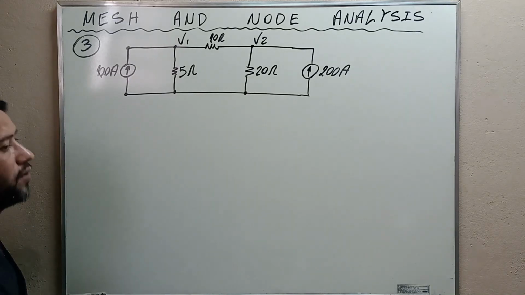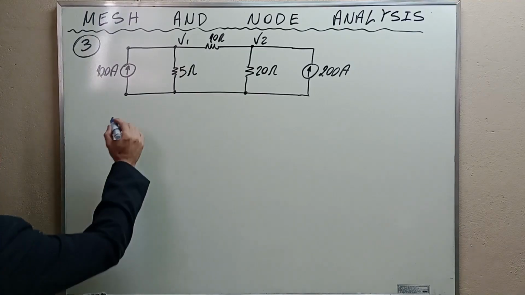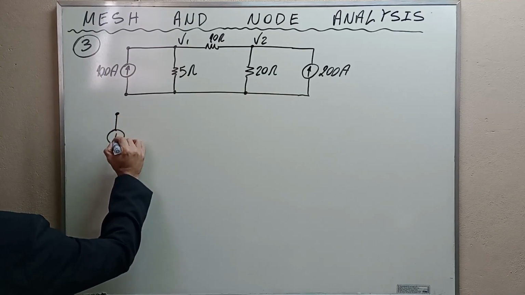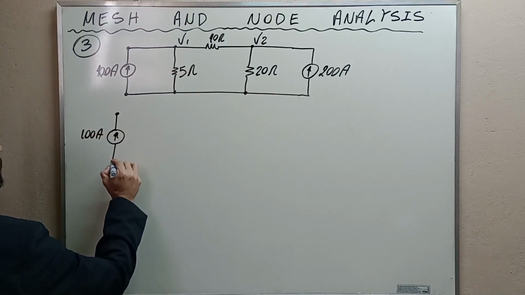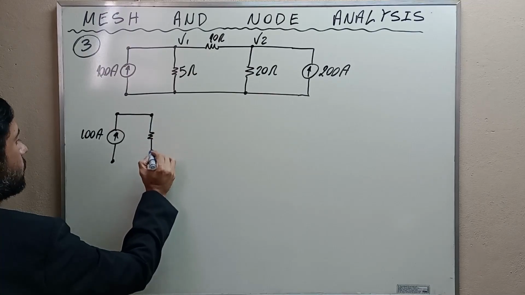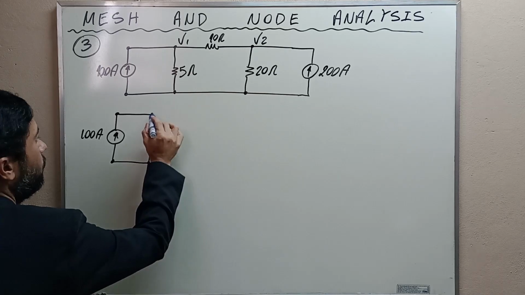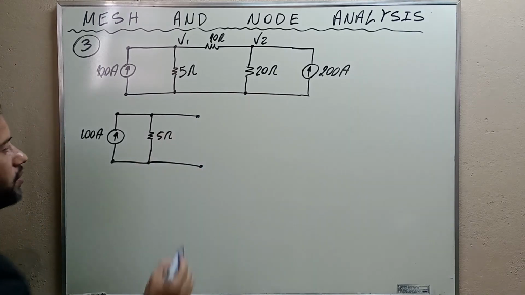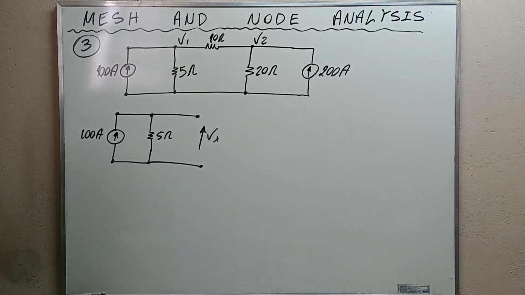Let's convert this current source into a voltage source. This is 100 amps. This is 5 ohms. And I'm gonna label this voltage here Vx.